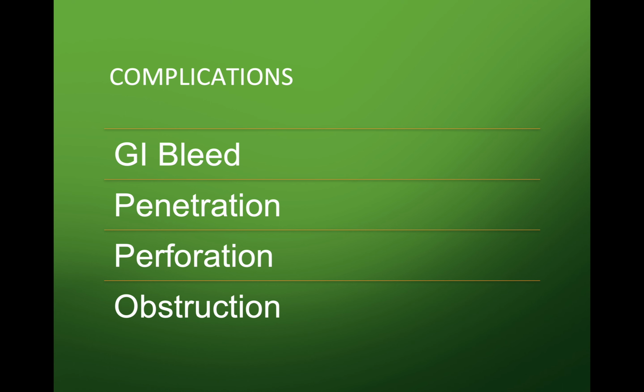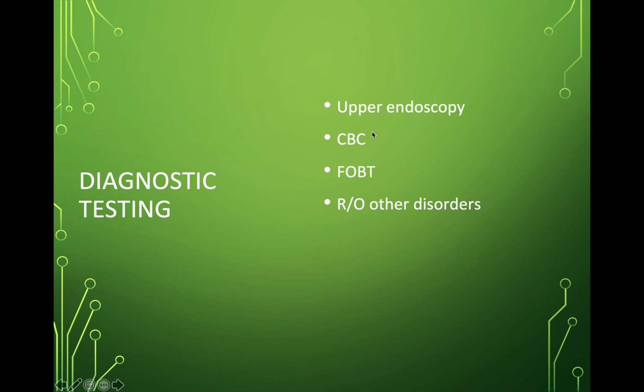So we have an opening from the esophagus into the stomach, and then from the stomach into the small intestine. If those openings become narrowed, then we have an alteration in the way that stomach contents move through the intestinal system.